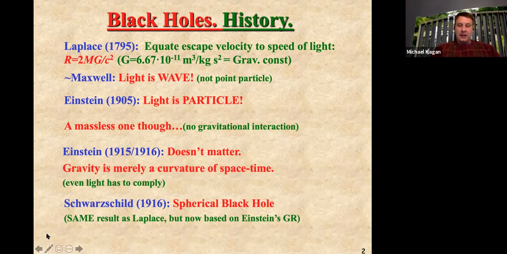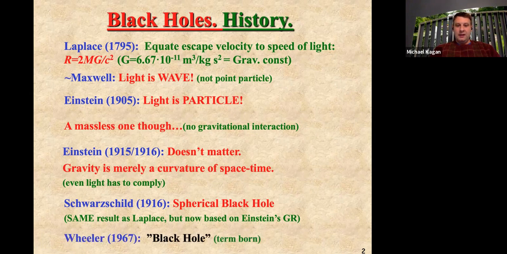Now, the funny thing about this is that the term black hole was coined much later, in 1967. And that was done by an American physicist, John Wheeler. You may have heard of him.